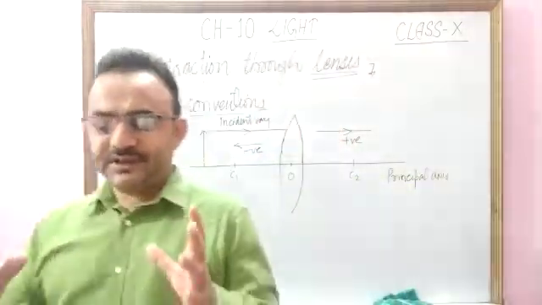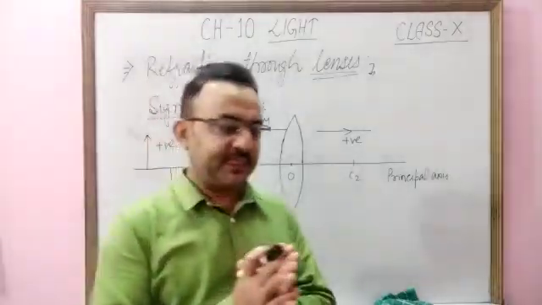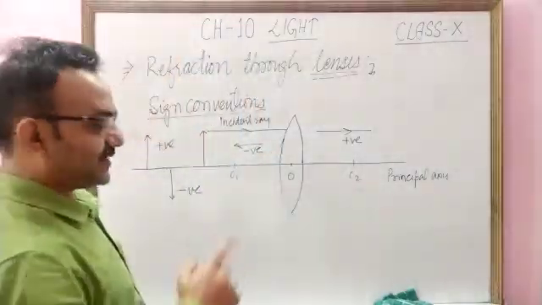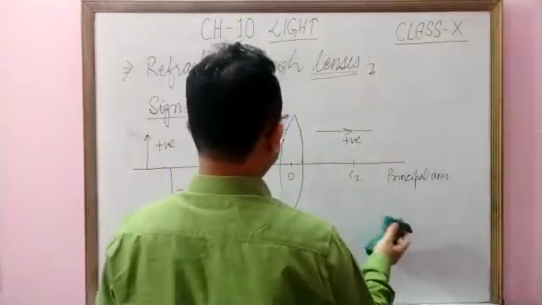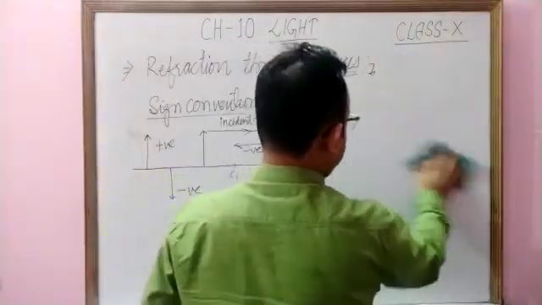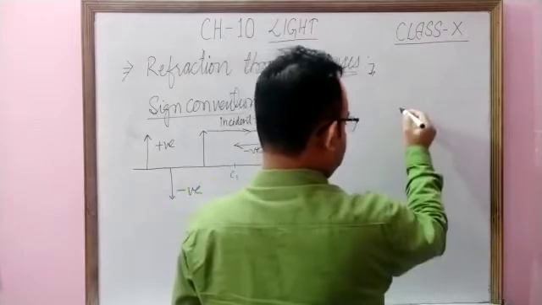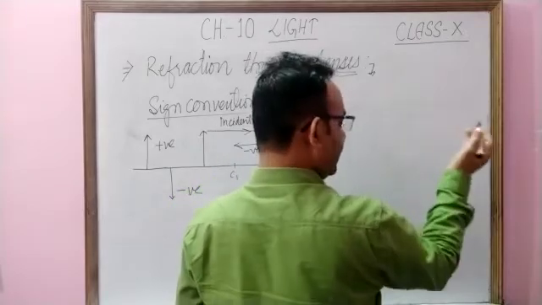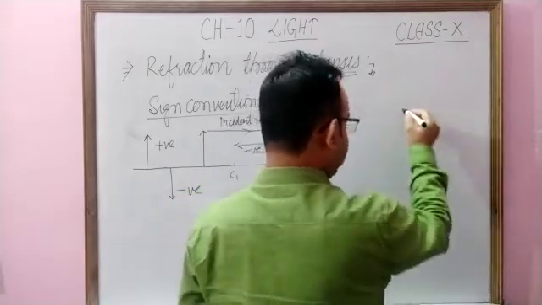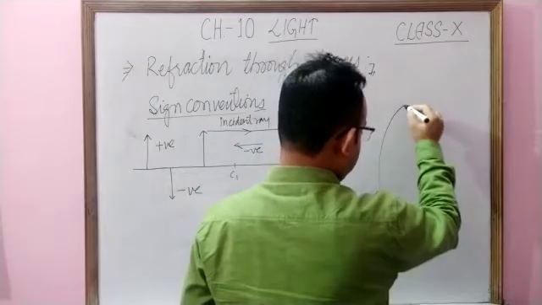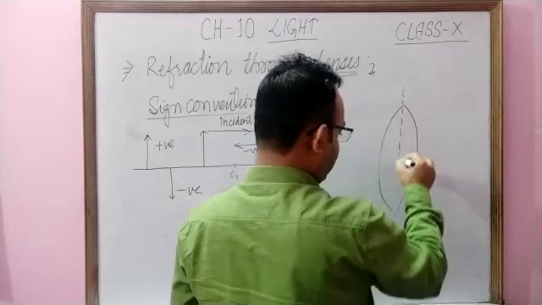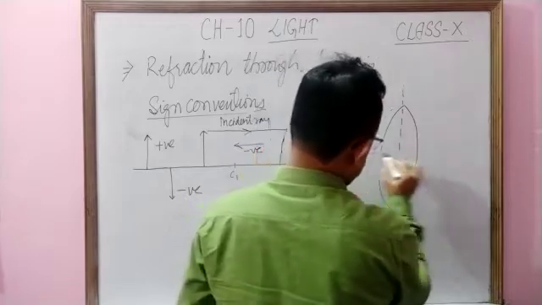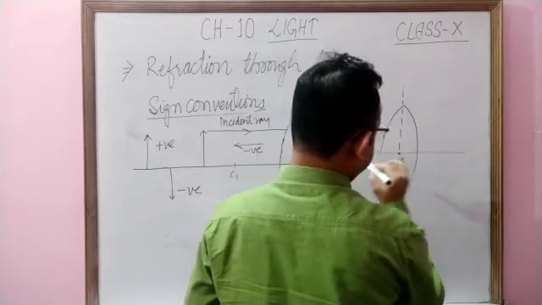Okay, one more thing you have to keep in mind. In case of convex lens, very important. In case of lenses, we have two times refraction.